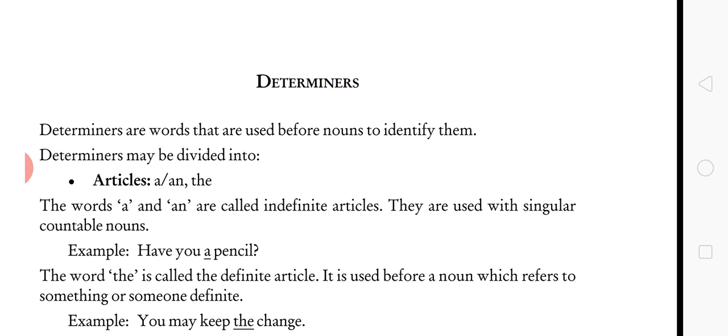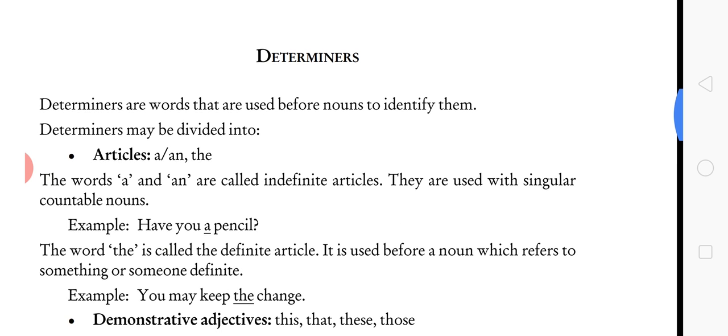Now, let's come to know what are the uses of an. We use an before a singular countable noun, but these words must begin with a vowel.